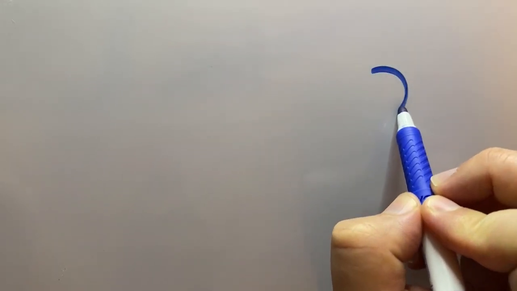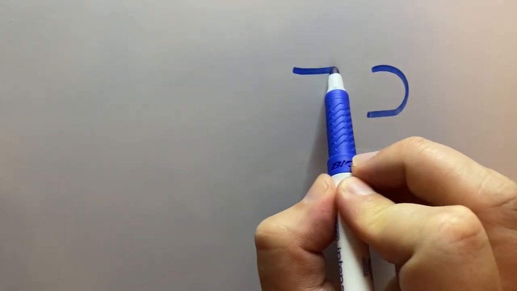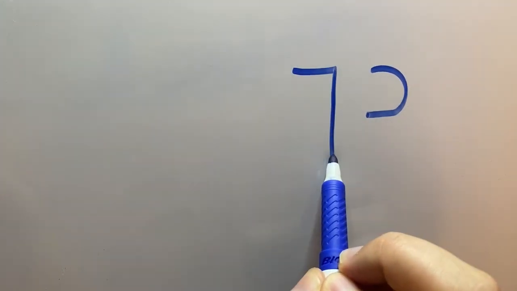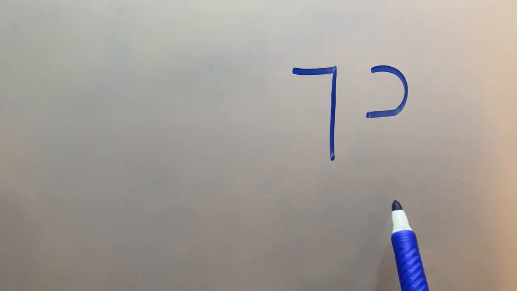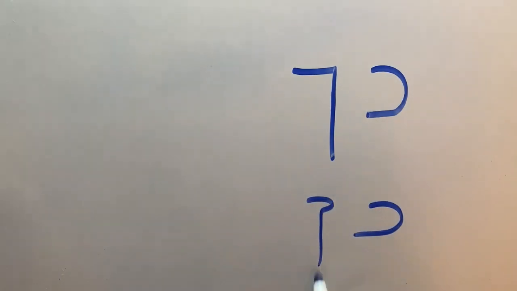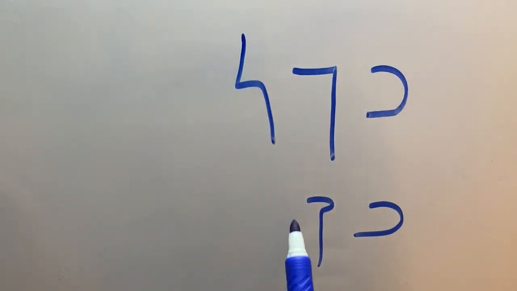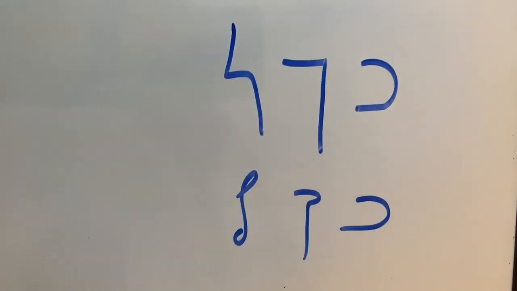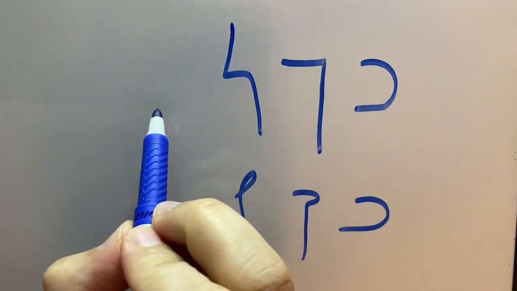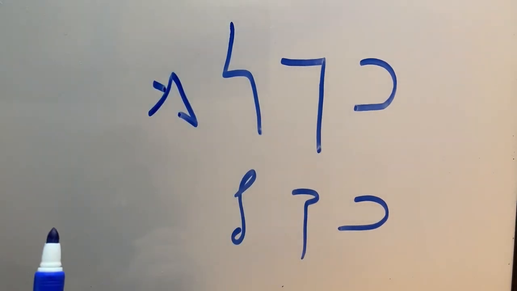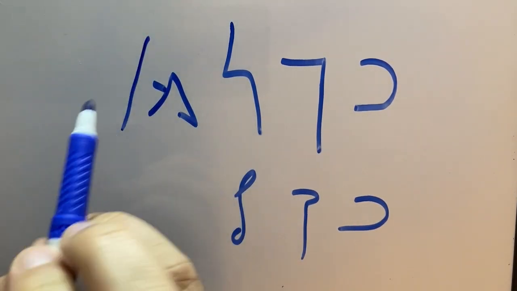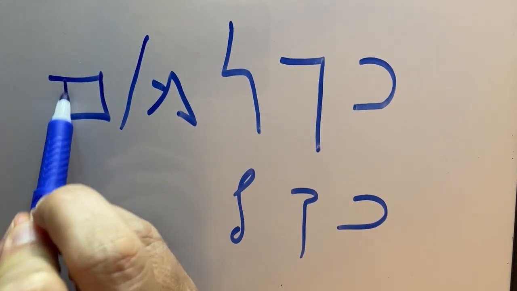Now Kaf. The initial medial, but the final form, like so. Lamed. Let's see if I can fit Mem in here. Initial medial. Final.